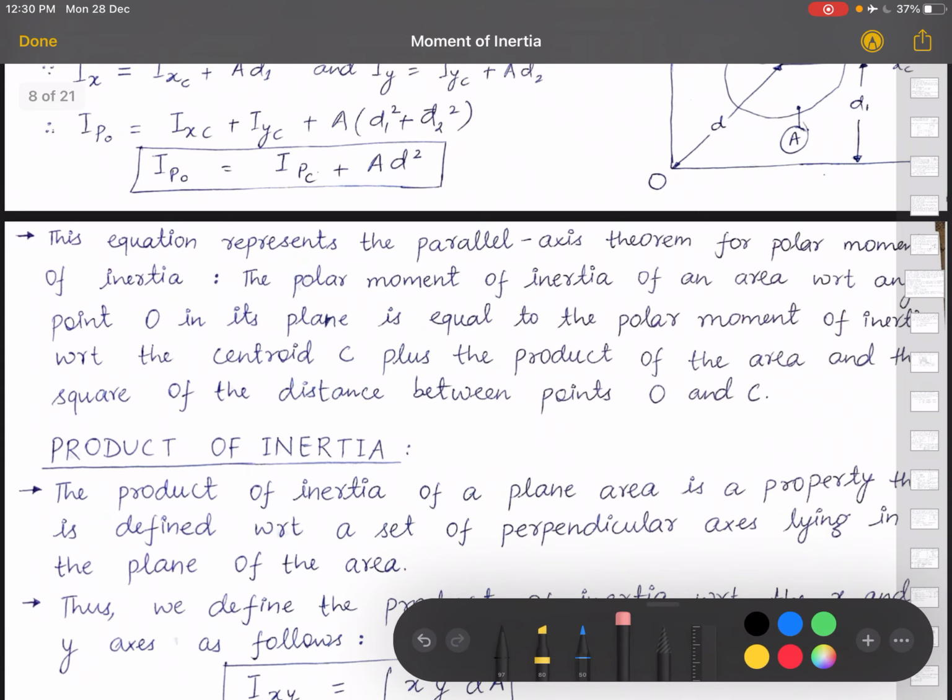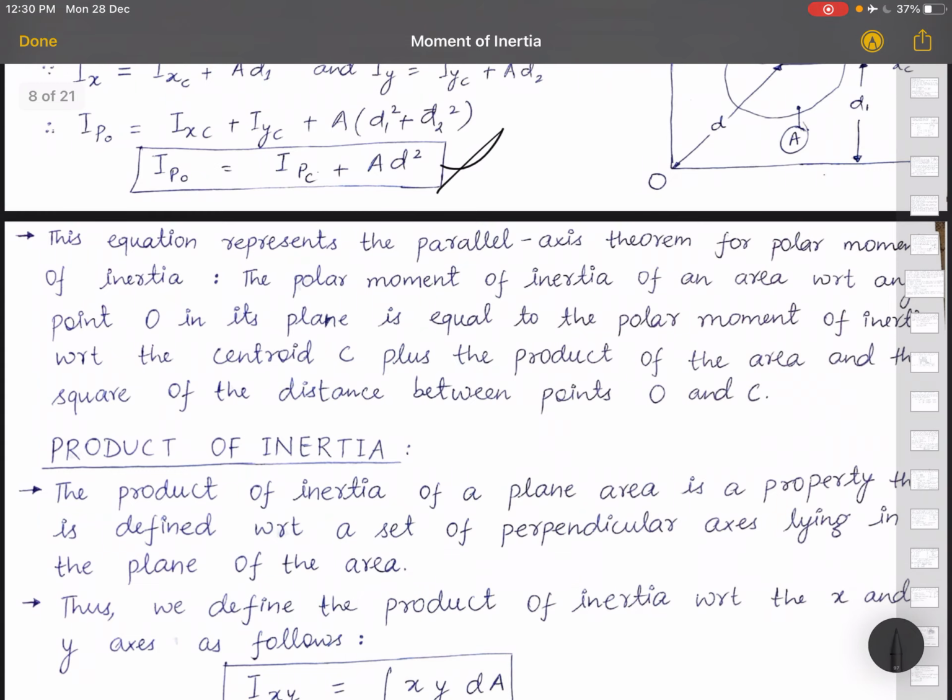If we want to calculate I_P with respect to an axis other than the centroidal axis, just add the moment of inertia about the centroidal axis plus A d square. So we have completed our theorems.